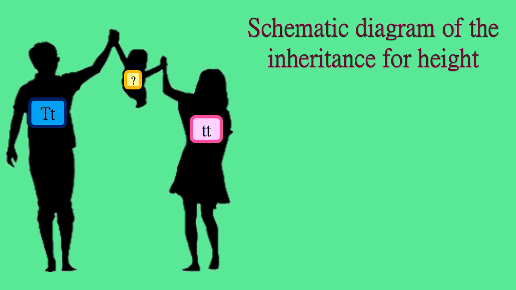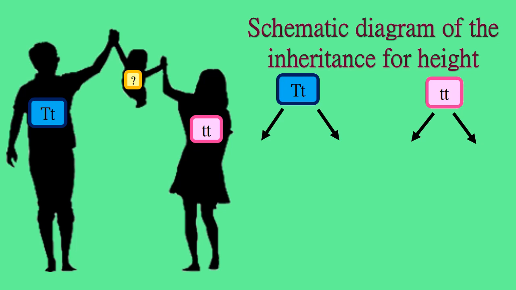Again, we have to draw the schematic diagram of the inheritance for height. Write down the father's genotype and the mother's genotype. Draw all the 4 arrows below. Take out all the alleles. Then do the combination like usual.